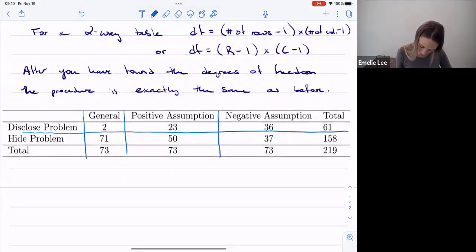What we're going to have is E11, and you can have a little comma.